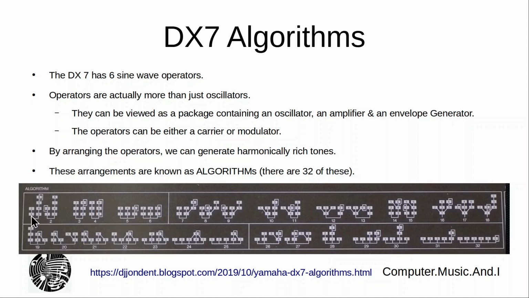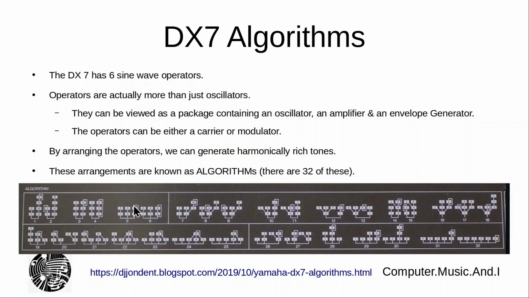If they are stacked vertically, then the higher operators are modulators, and the ones on the lowest line are the sound generating carriers. So we've got 1, 3, 1, 3 carriers here, and we've got 2, 4, 5, and 6 modulators.